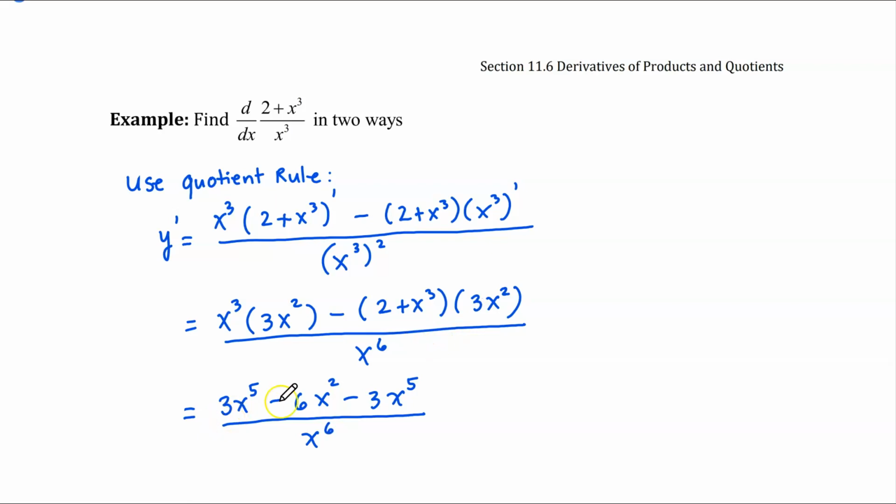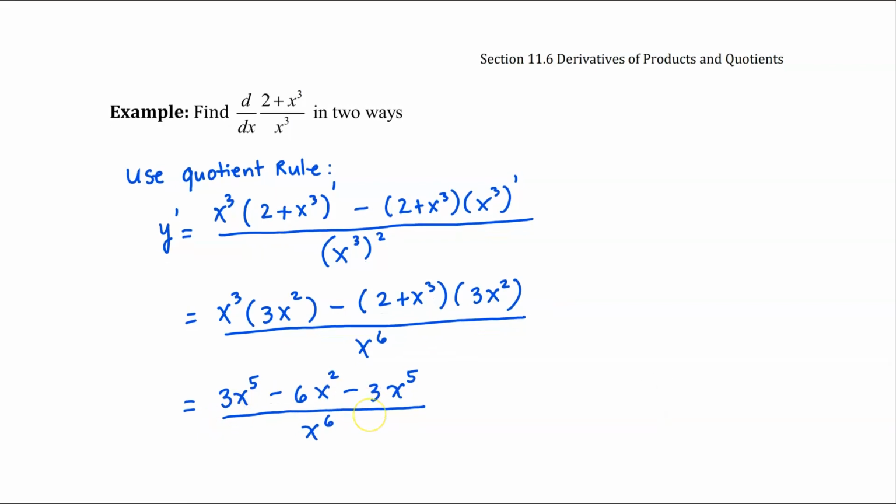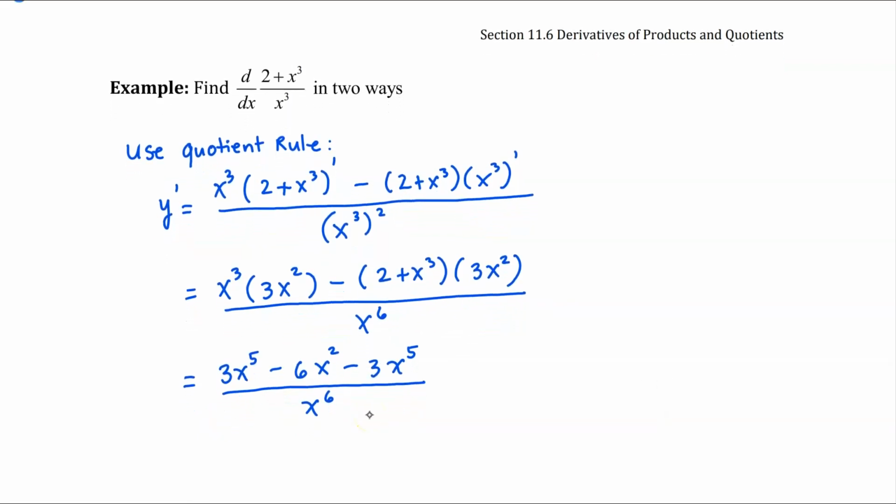Now 3x to the 5th and this negative 3x to the 5th cancels out. Therefore, we have negative 6x squared over x to the 6, which you can further simplify. You can cancel x squared. That gives you negative 6x to the 4th.